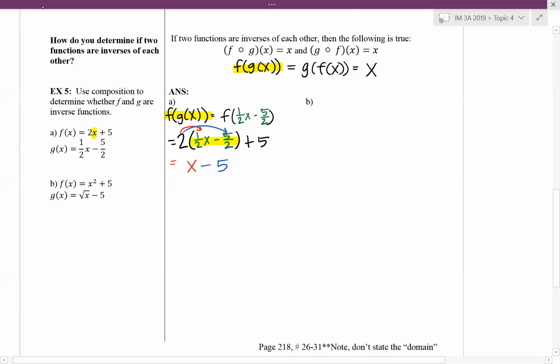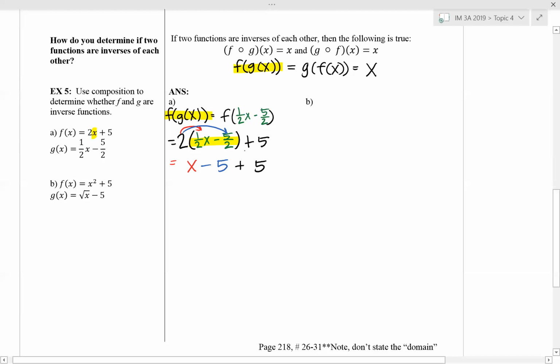And then I still have the plus 5 from the original function. So notice that if I combine like terms, that equals x. So right now what I have is that f of g of x is equal to x. So I have the first condition.